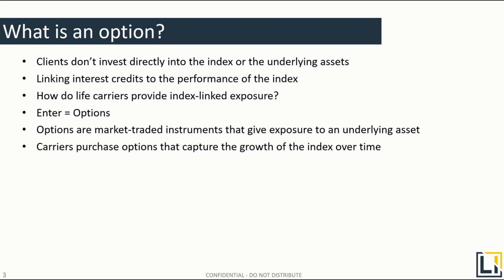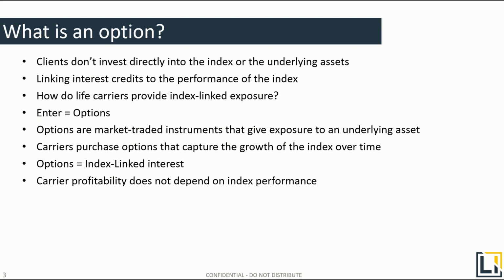The options equal the index-linked interest that's due to the end policyholder. This means that the life insurer's profitability is not dependent on the performance of the index because there's a match between the asset, the options, and the liability, the index-linked interest credit, in a product.